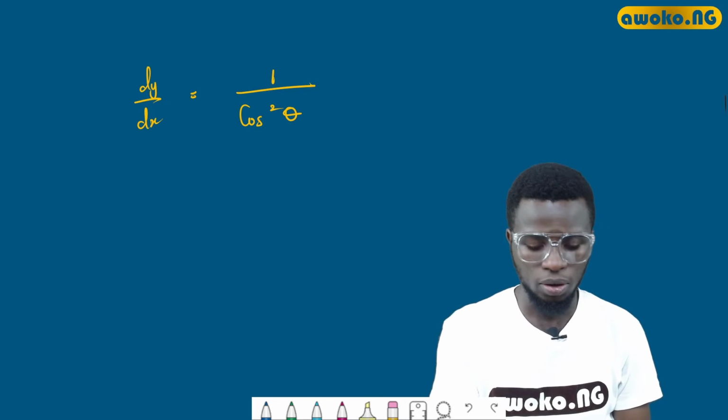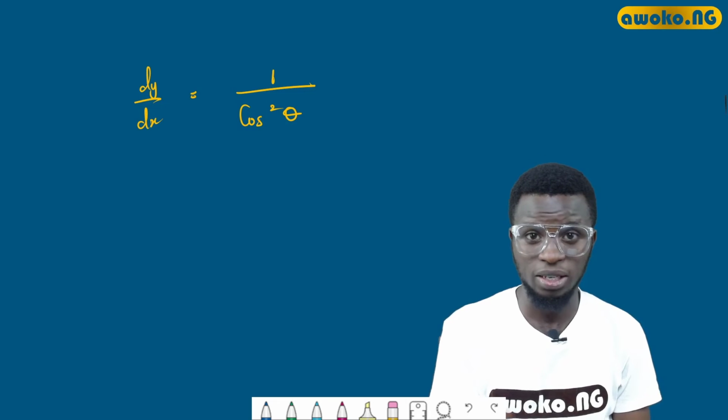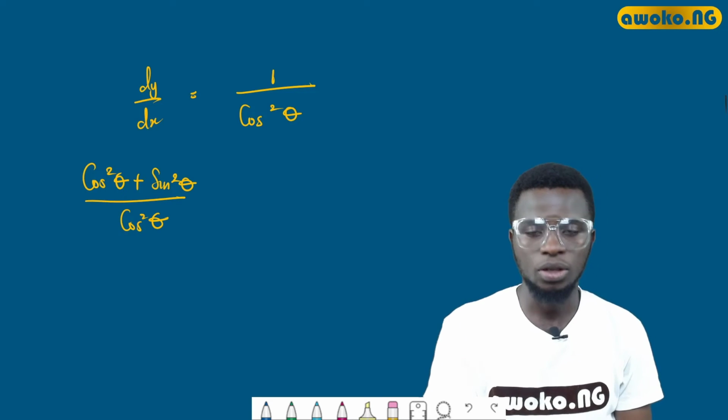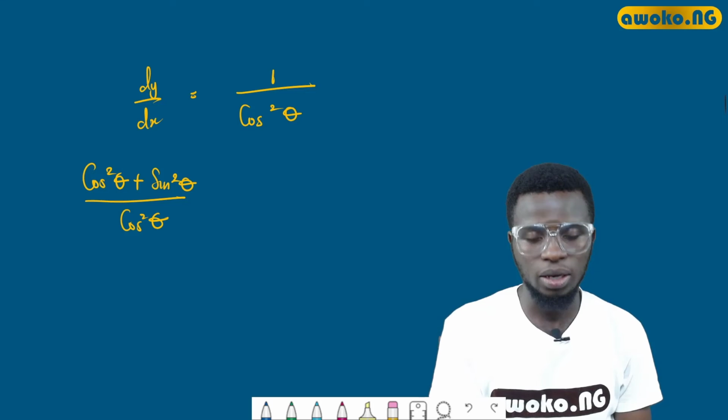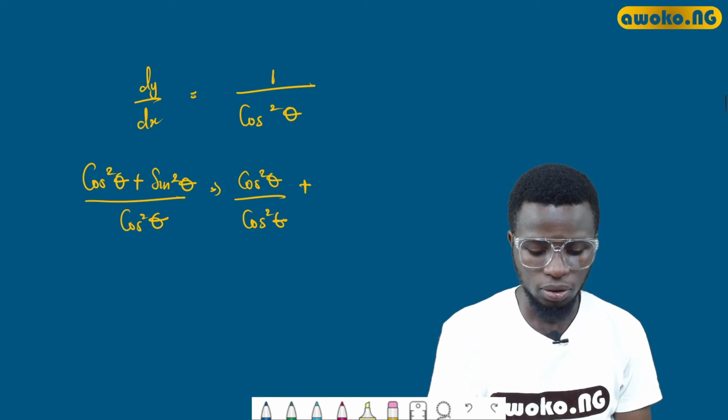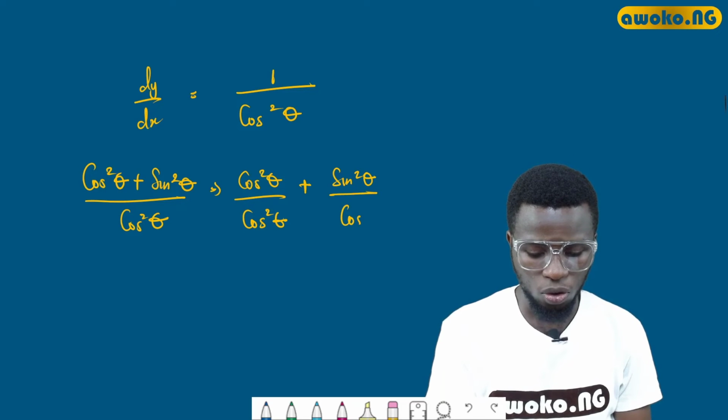And how is this so? Let me bring you back to what we have in the previous slide. We have cos square theta plus sine square theta all over cos square theta. So if I split these terms, we have cos square theta over cos square theta plus sine square theta over cos square theta.